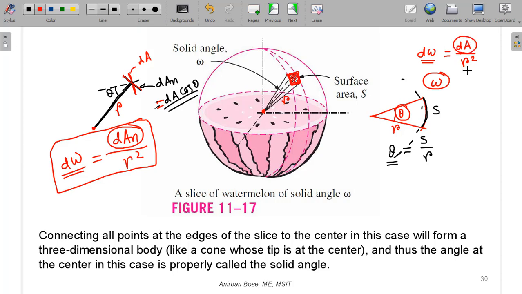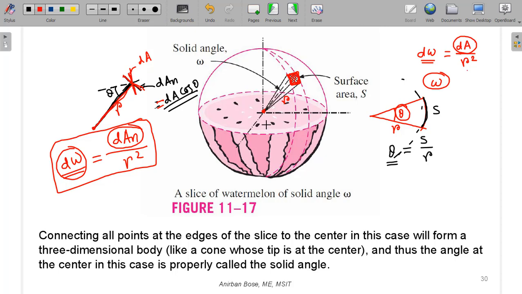It is dA by r squared. But if it is not normal like this, in that case you have to consider the area which is normal to that direction, and then you have to divide by the distance squared. Okay, this is the formula by which you can find out the solid angle.